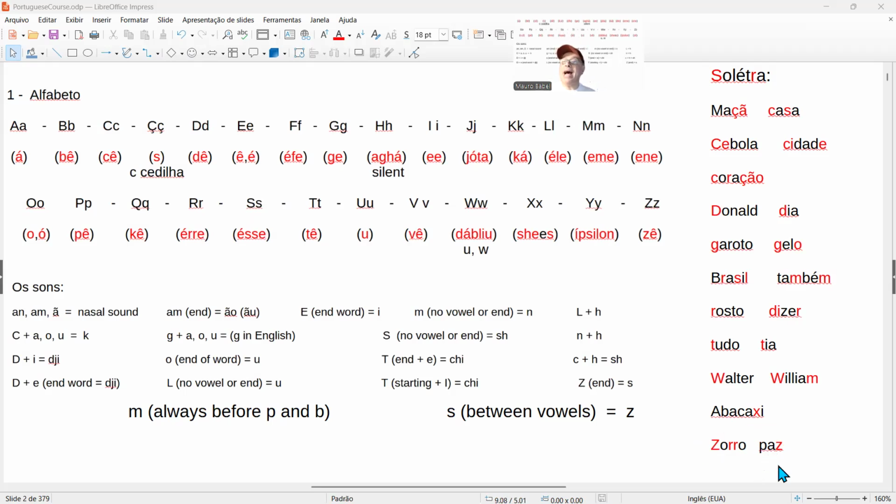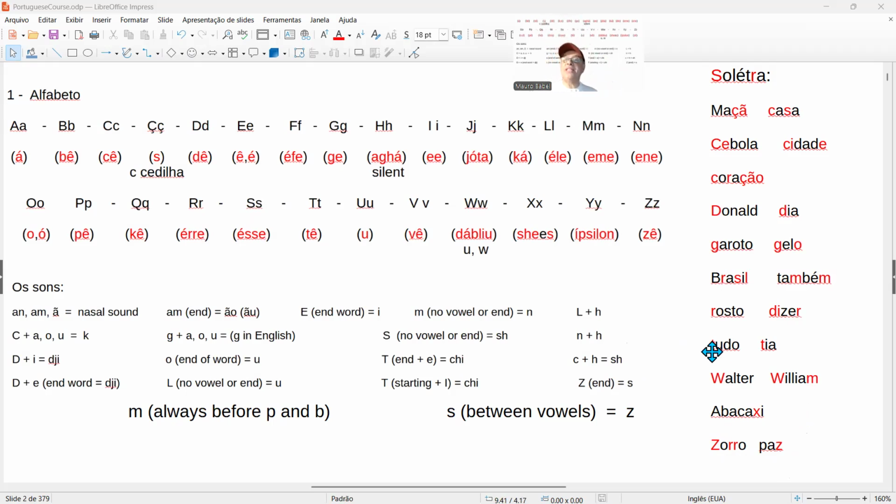And here, P-A-Z. Z at the end of the word sounds like S. So it's paz. In Rio, we add a little I sound, just for the sound.